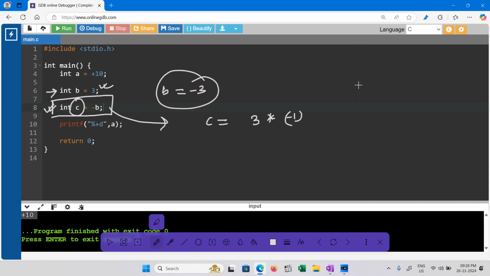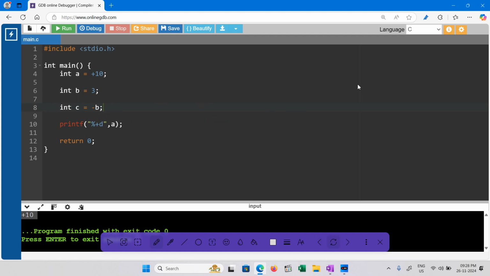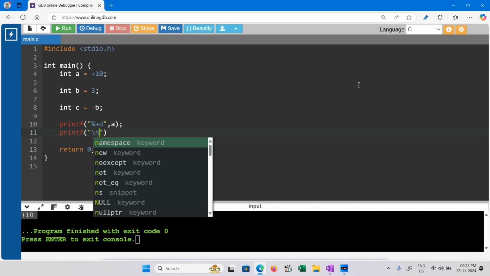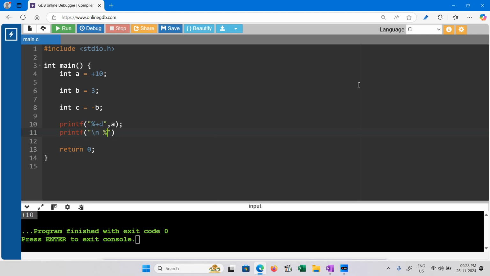Okay, so let us just print this so that we will get the confirmation. Printf, so if I use the \n and now %d, we are printing b and here we are printing c.